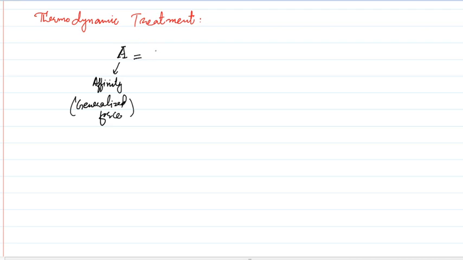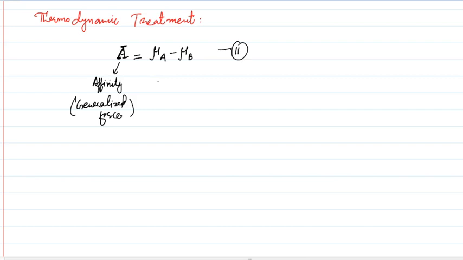We know it is the difference of the chemical potentials here, so it will be mu A. Here remember this is reactant A, so I have written this capital A with some marks here, so it is affinity. So don't confuse this affinity with A. Okay, so it is now mu B. This is equation 11.